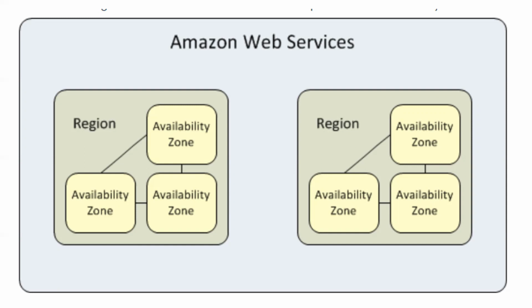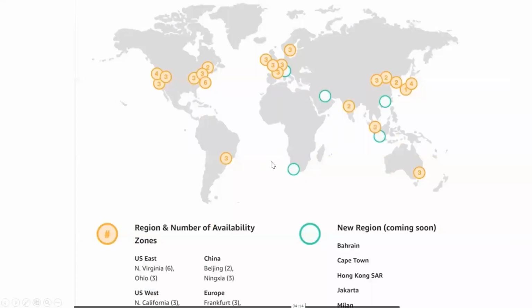It has more than one availability zone. Again, one availability zone is one or more individual data centers. So top to bottom, a region has multiple high availability zones, and again, high availability zones have one or more data centers. Okay, so these are the regions.